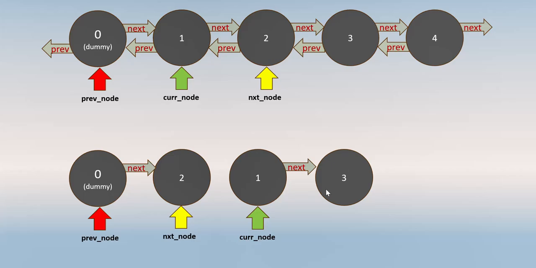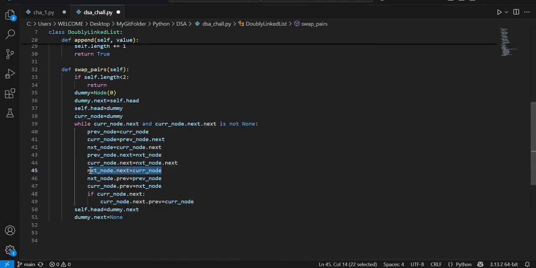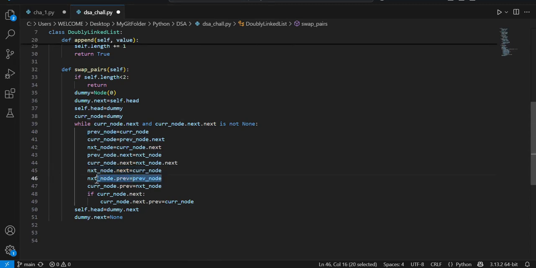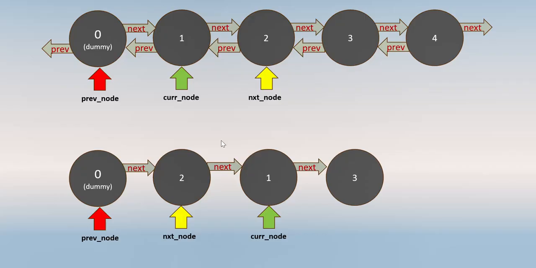Okay. Now for the next line, next node dot next equals current node. So 2 dot next equals 1. So 2 will point to 1. Now coming to the next line, next node dot previous equals previous node. So the previous pointer of 2 will point to 0.